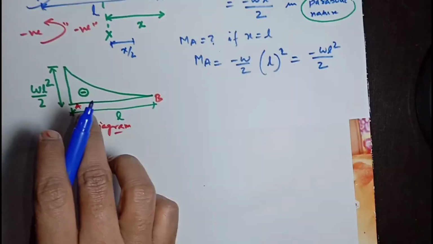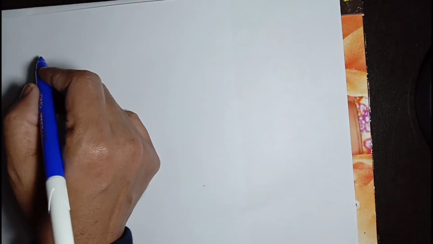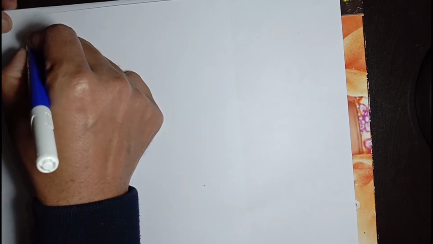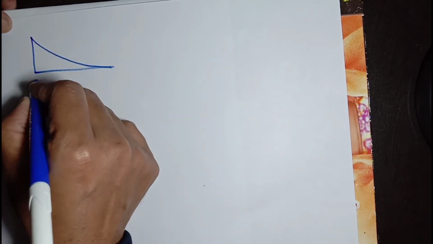Now I am going to draw M over EI diagram for the bending moment diagram of a real beam. As I have shown, this is the M diagram, and I am drawing the same M diagram. Bending moment profile is this one.